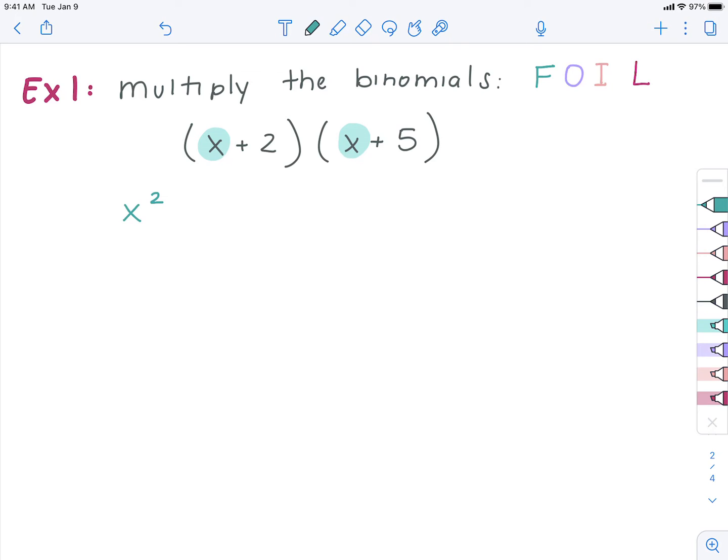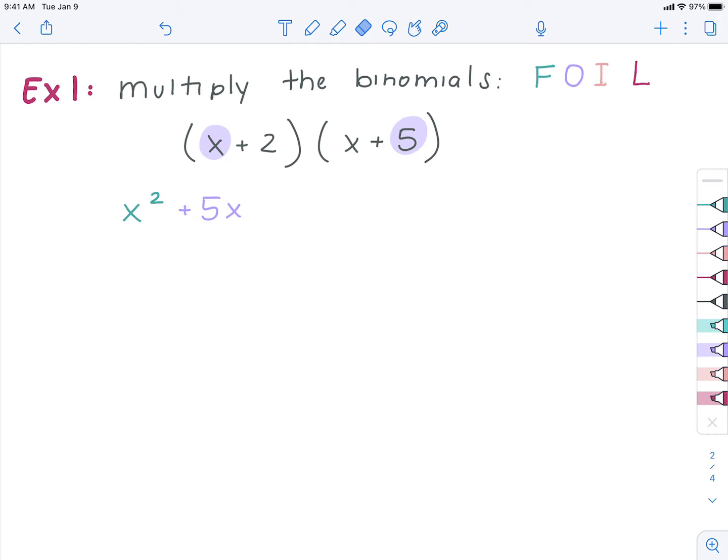Then I am going to do my O, which is my outer. So now I'm going to multiply x and 5. And when I multiply x and 5, I get a positive 5x. So I separate my terms with a plus sign since it's positive.